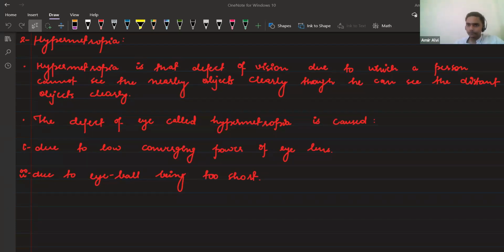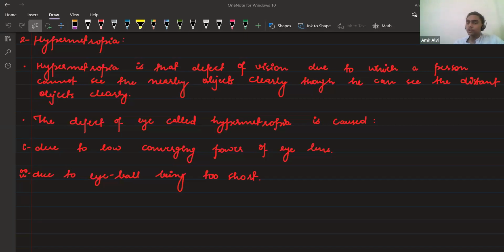If I suffer from hypermetropia, I won't be able to see the laptop screen clearly because I cannot see nearby objects. So I have to use a convex lens so that I can see the nearby object.